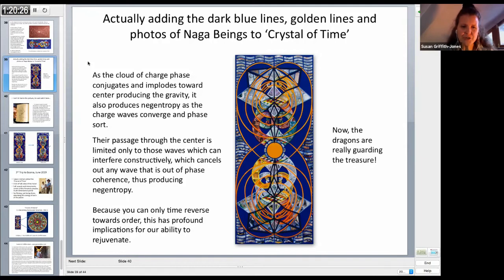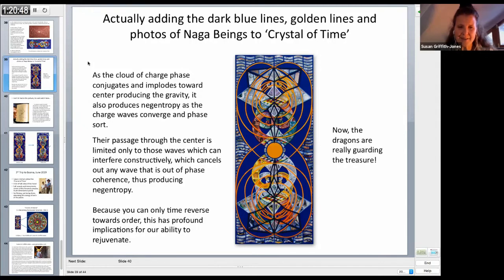Their passage through the center is limited only to those waves which can interfere constructively, which cancels out any wave that is out of phase coherence, thus producing negentropy. And Dan expands on that, saying that only lovable thoughts, in other words, can get through into the central part.